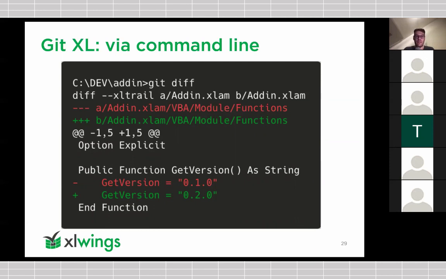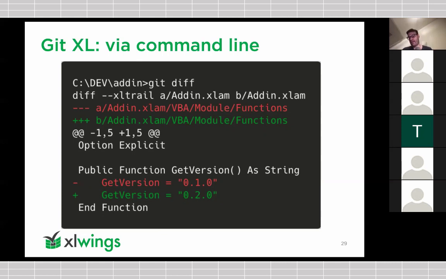So how does Git Excel work? In this screenshot, you see that if you use Git on the command prompt, you can do some changes and then run git diff. Below, you will get the diff highlighted in green and red. You can see, for example, in this case, somebody changed the version number.